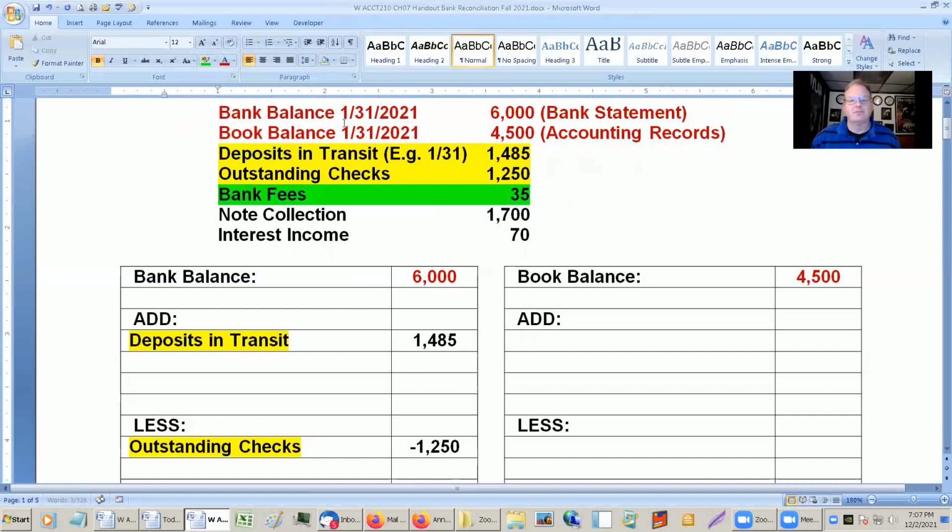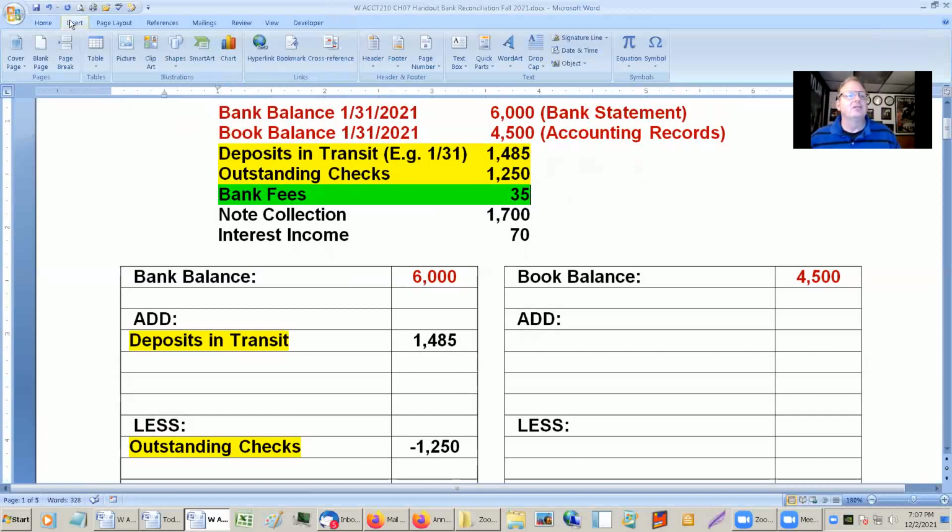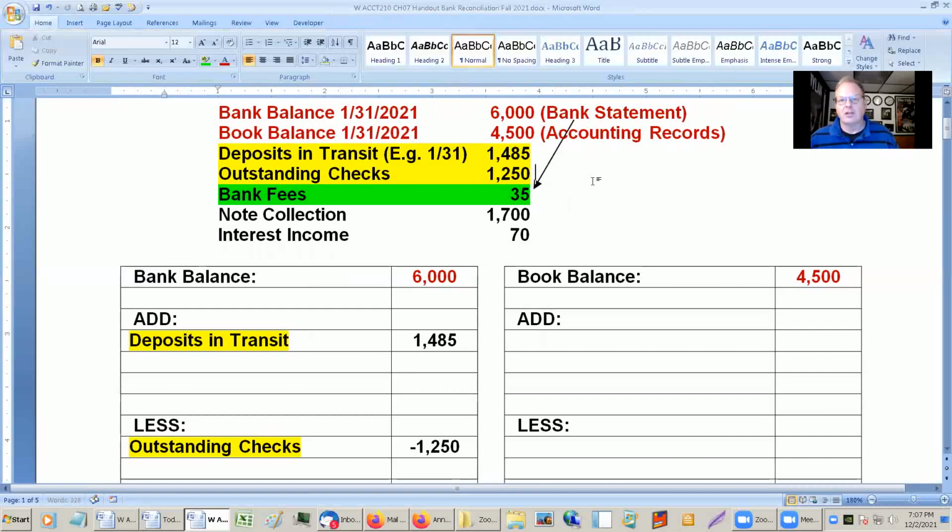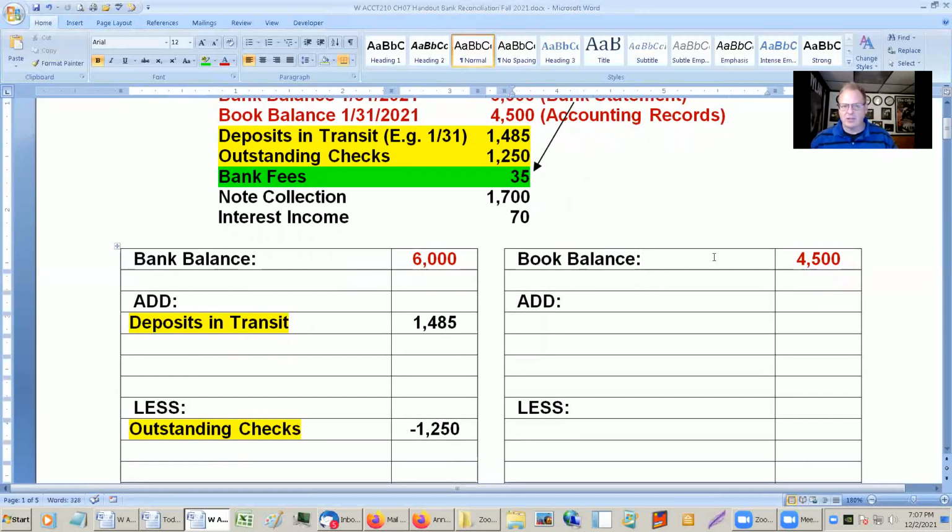Oh yeah, they just do that. So you're going to look at the bank statement, and the bank statement will have the fees. Okay, now, when it comes to your cash, those bank fees, are they going to increase the cash or decrease it? Decrease.